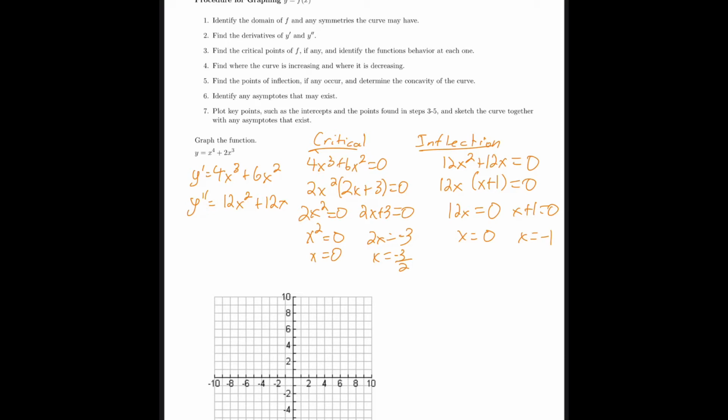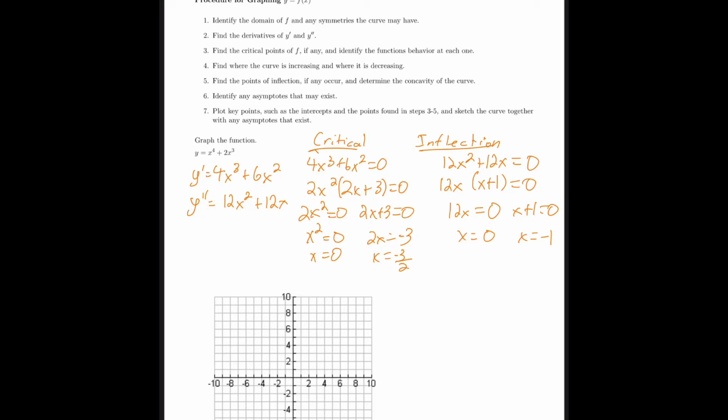Okay. So from this information, we can see a few things are happening. One, we have an inflection point at this critical value. That means this is not going to be a maximum or a minimum, right?